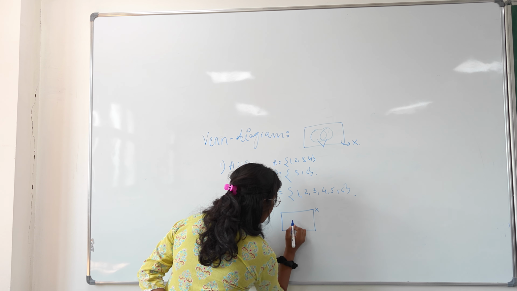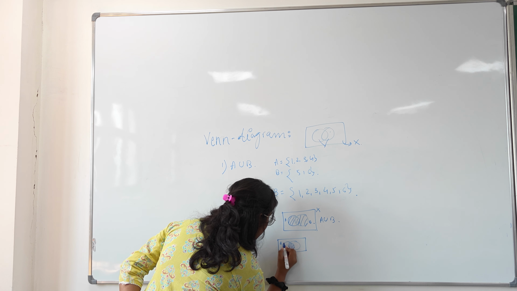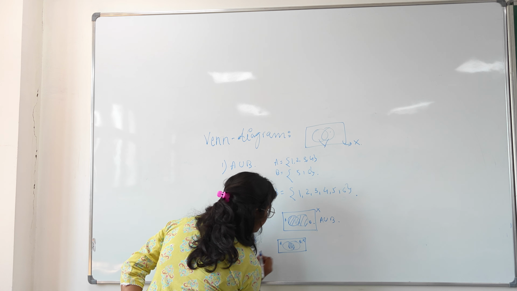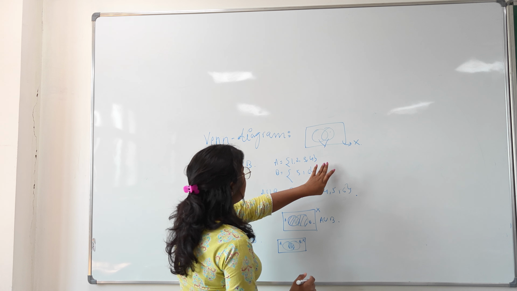Now we will understand A intersection B from the Venn diagram. If you see from here, A intersection B will be phi, because A and B have no common element.